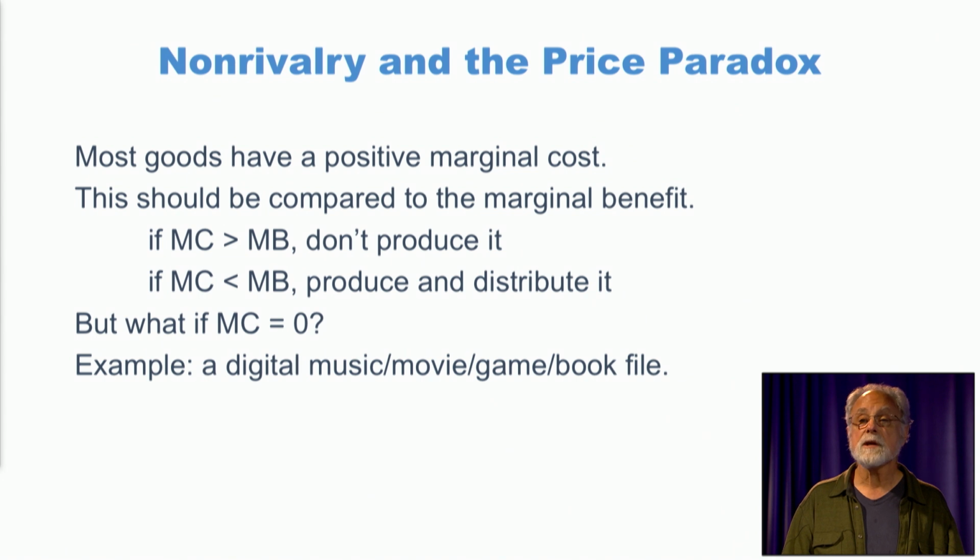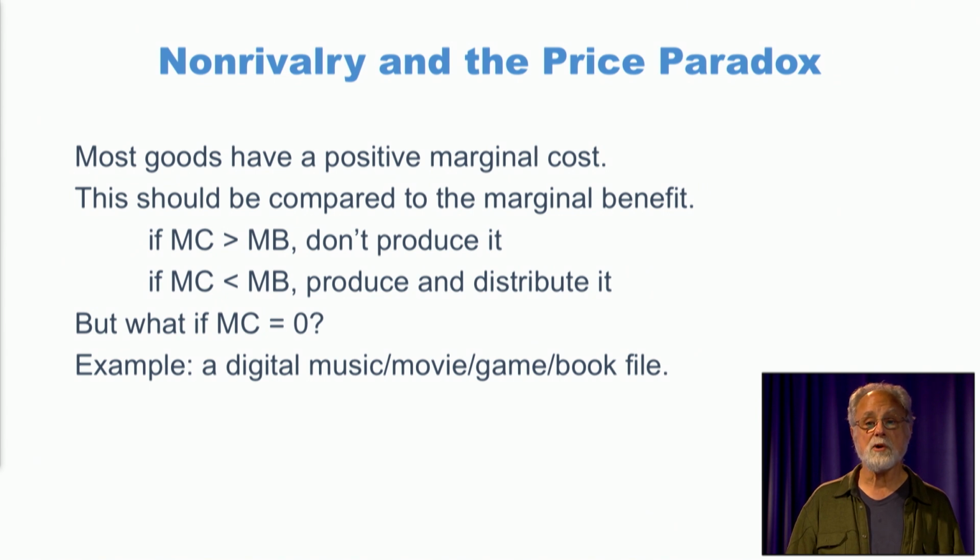But what happens if the marginal cost is zero? Now, a common example of that is digital content. So music and movies and games and books and things that are distributed online digitally, there's essentially a zero cost for providing another copy of that content to another person. There was an initial cost in the beginning for somebody to create that content, but there's no marginal cost for another person or 20th person or 20 millionth person to get that same content.